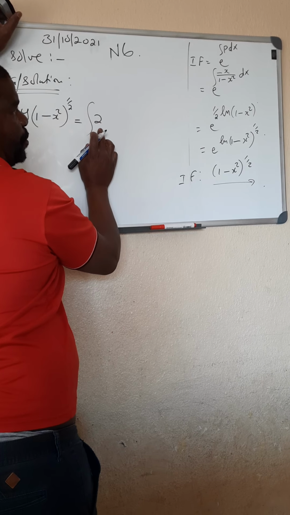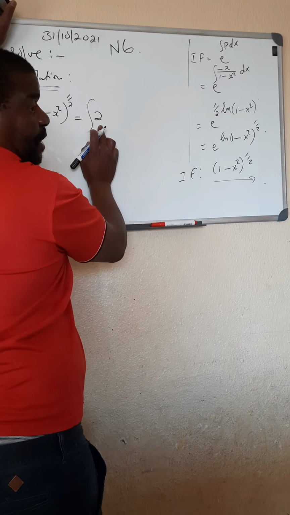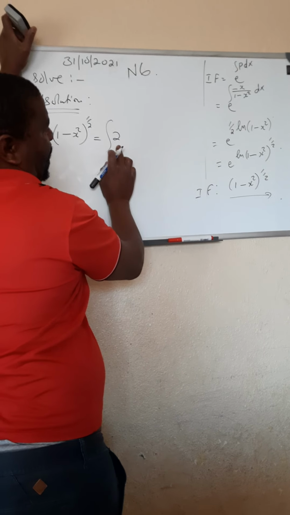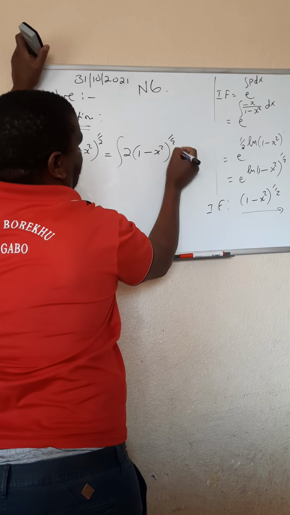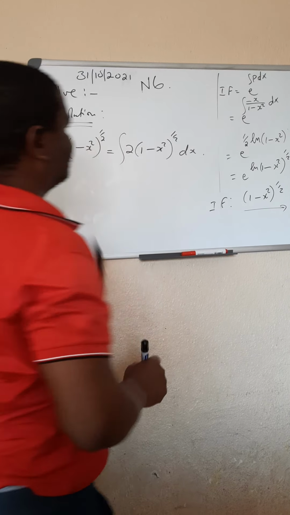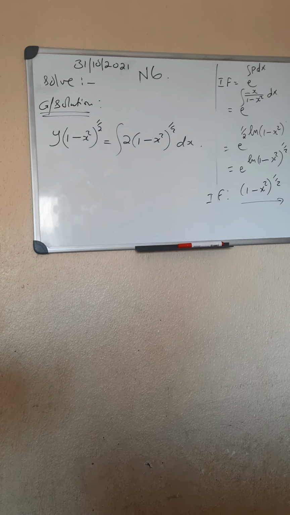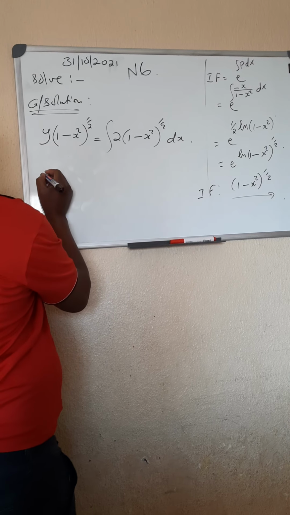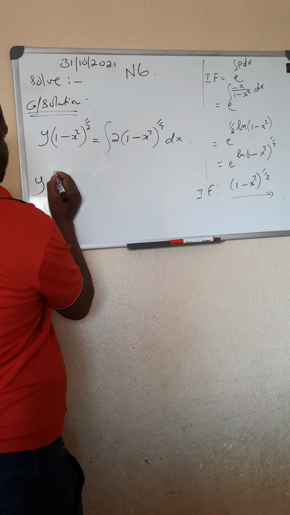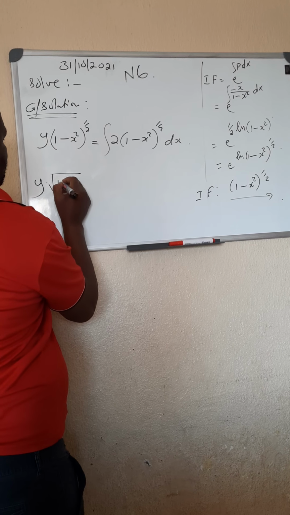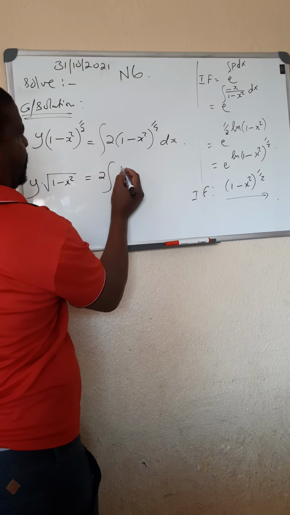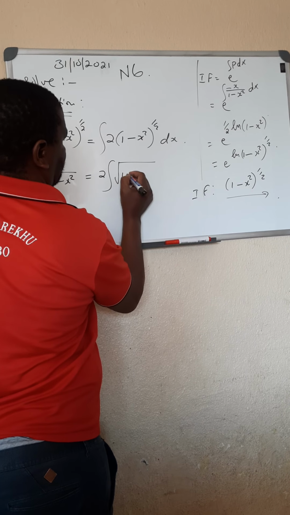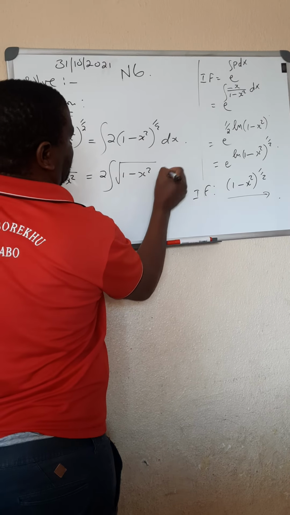Remember, Q is 2 from the standard form. Now this is y times root of 1 minus x squared equals 2 taken out, integral of root of 1 minus x squared dx.